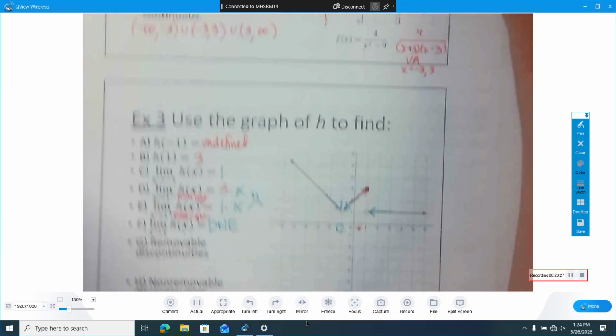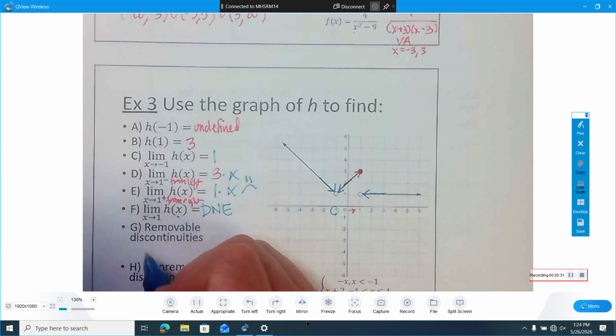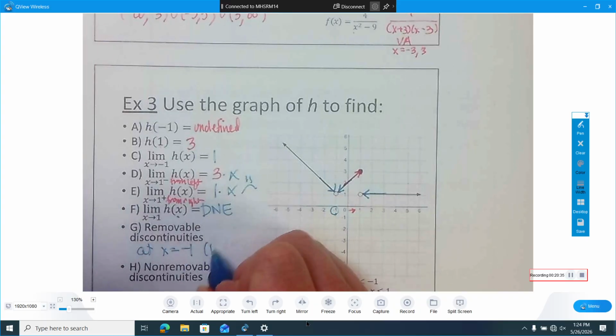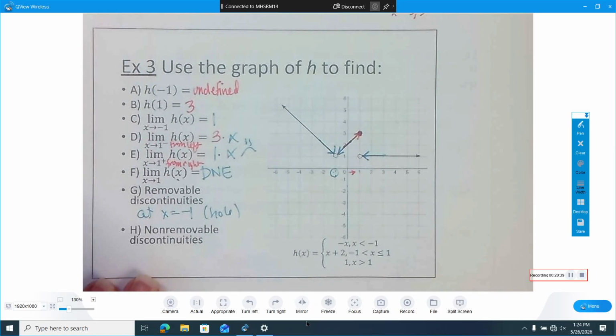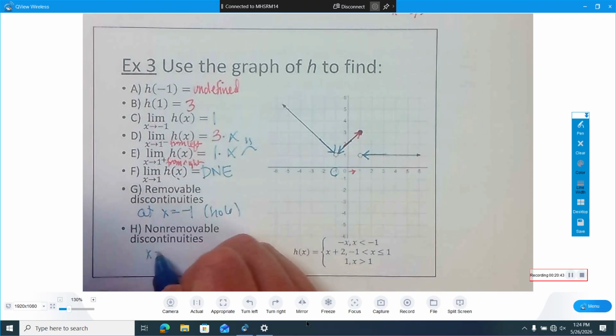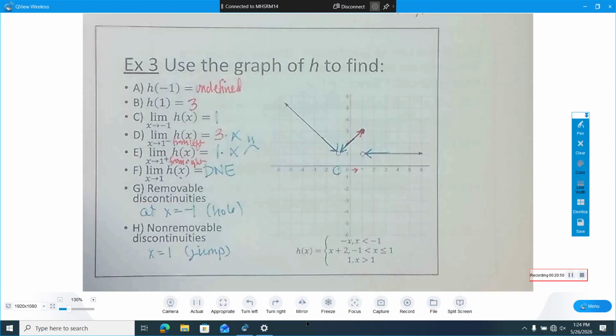And so removable discontinuities would be at x equals -1. There's a hole there, all right? Non-removable discontinuities at x equals 1 is a jump discontinuity because we got a big jump there in our graph.